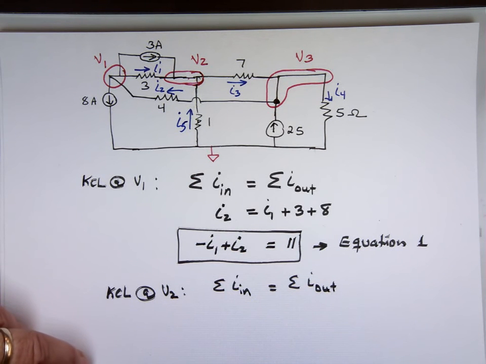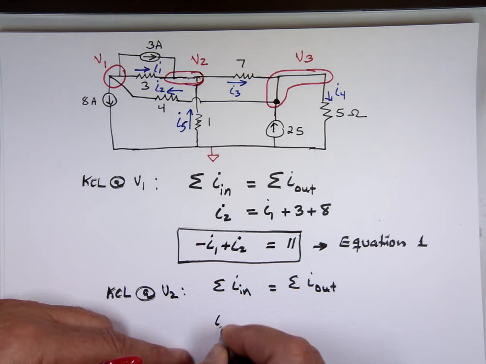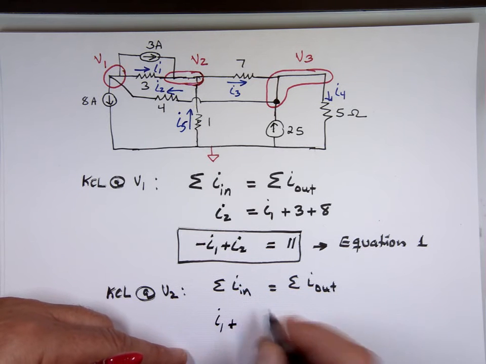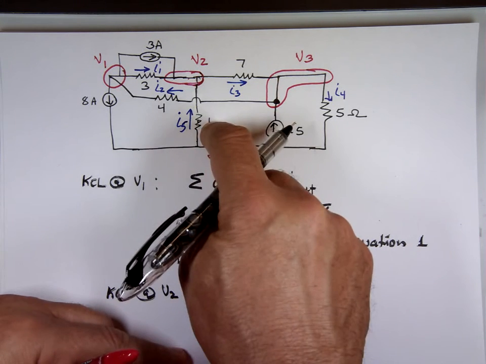What is going to that node? We're talking about node 2. I1 plus I5. What else is going to it? 3 amps. The 3 amps. Anything else? This, and that. And what's leaving that node?